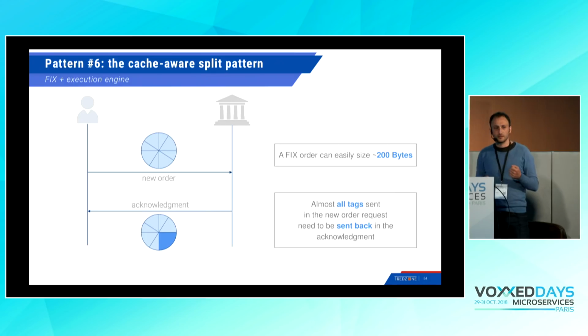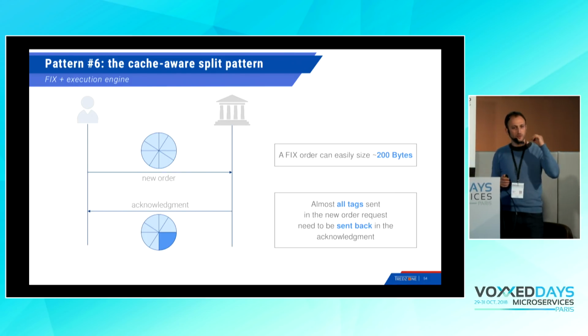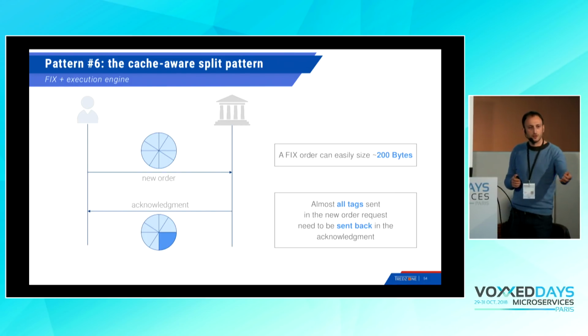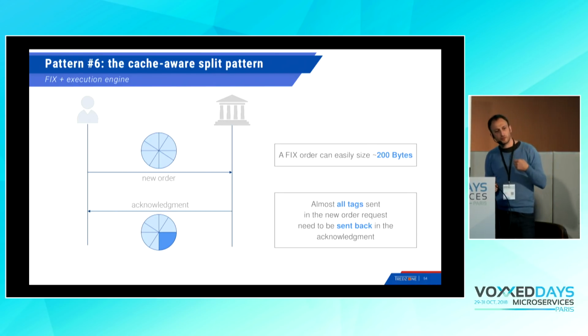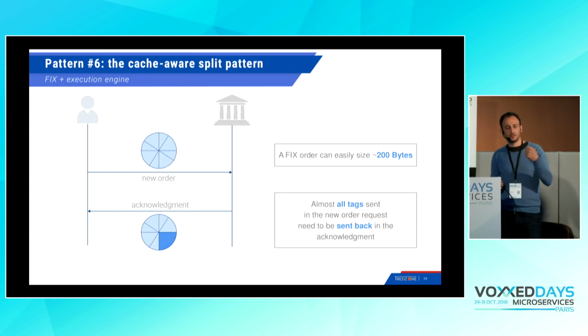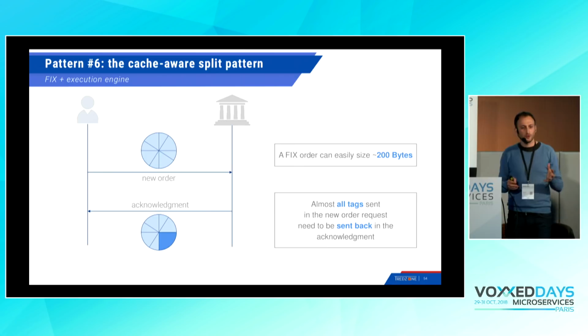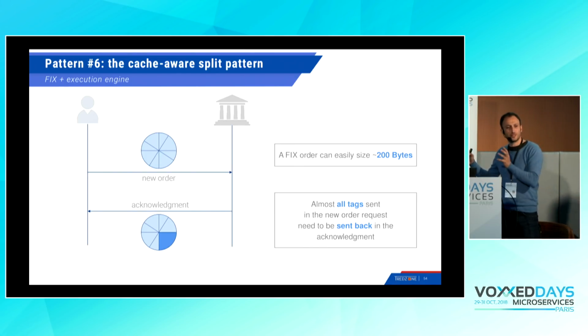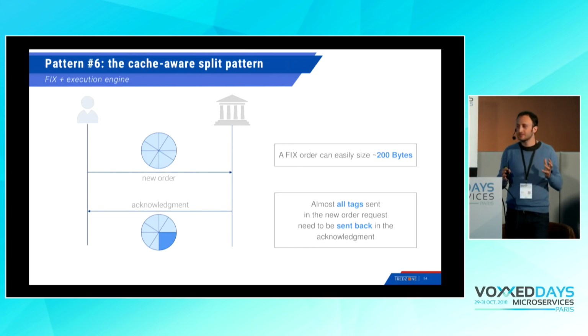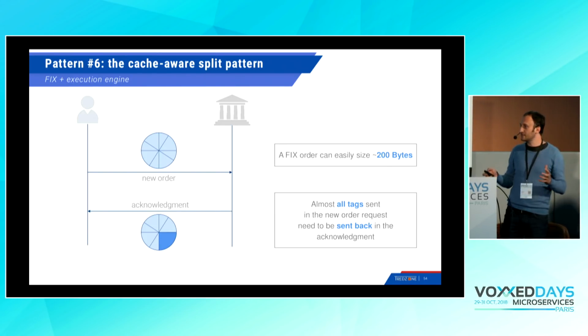But the FIX protocol imposes something. It says that when you send a new order, you should receive an acknowledgement from the stock exchange. And in this acknowledgement, you need to give everything I give to you in the new order. So somewhere, the stock exchange should store this, even if there is a lot of data.